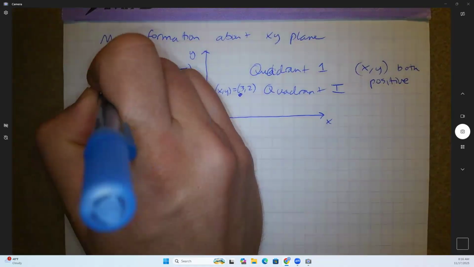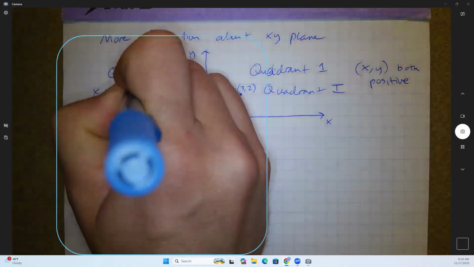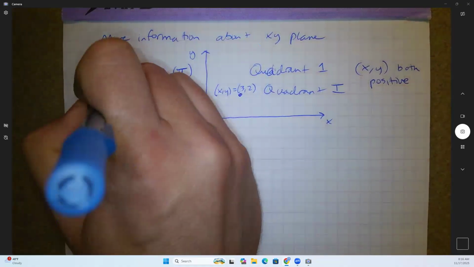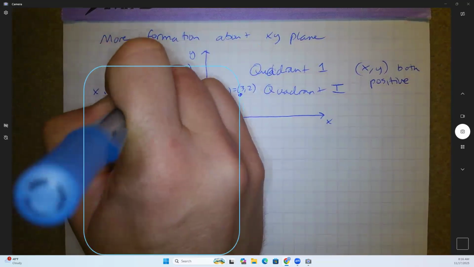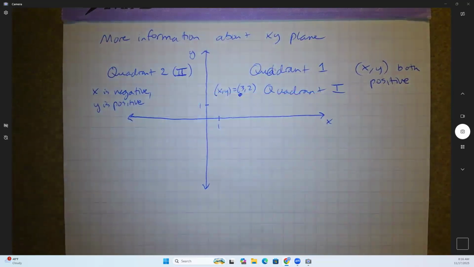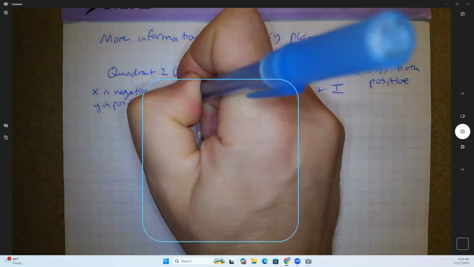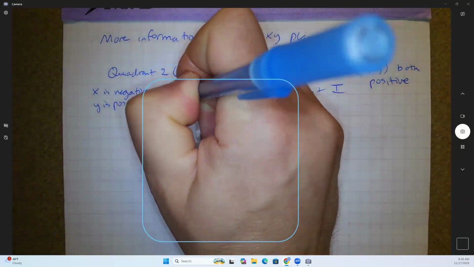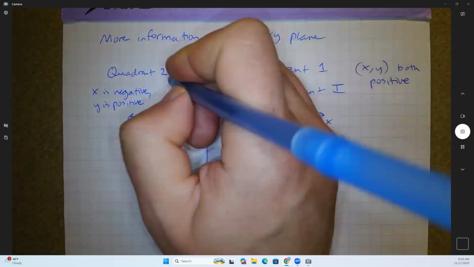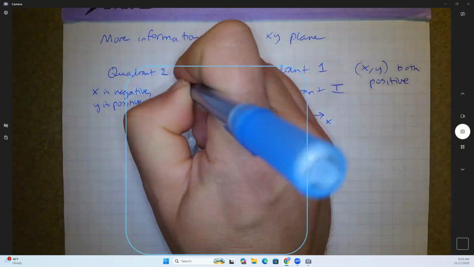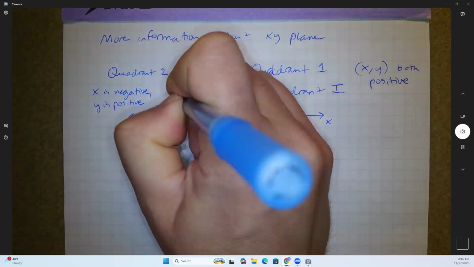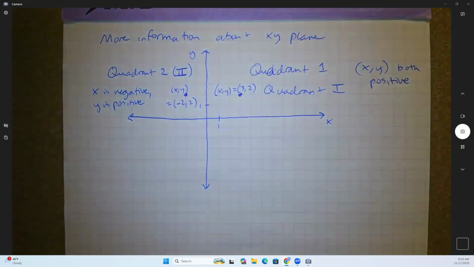Here the X is negative and the Y is positive. So that point right there is 2 steps in the X and in the Y, but the X is going to be a -2, the Y is going to be a +2.